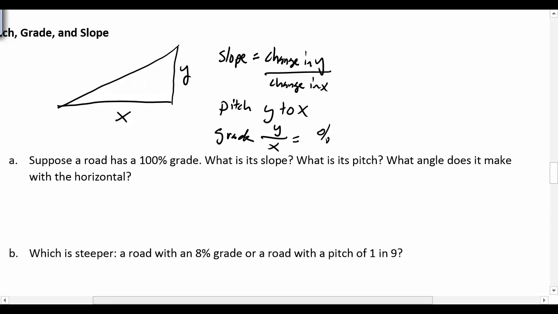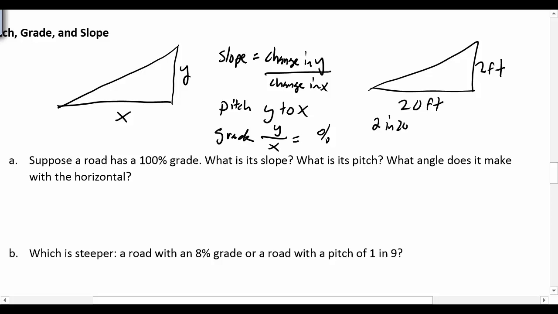So let me illustrate this with some actual numbers here. Let's say I've got a slant that in 20 feet goes up 2 feet. So our pitch would be 2 in 20 or 1 in 10, because we can reduce that.